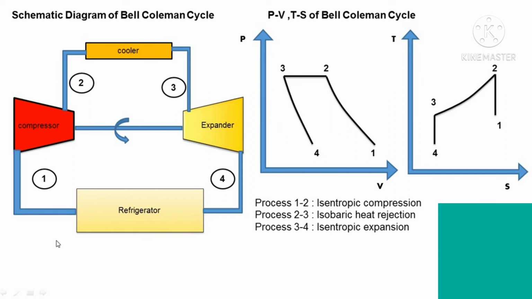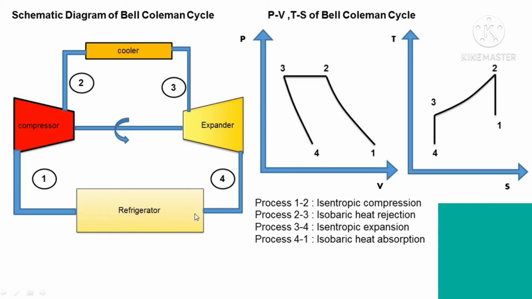When this low pressure air enters into the refrigerator, it absorbs the heat from the space of the refrigerator, and the temperature of this low pressure, low temperature air is what? Increases. Its temperature is increased from T4 to T1. This absorption of the heat takes place at constant pressure.